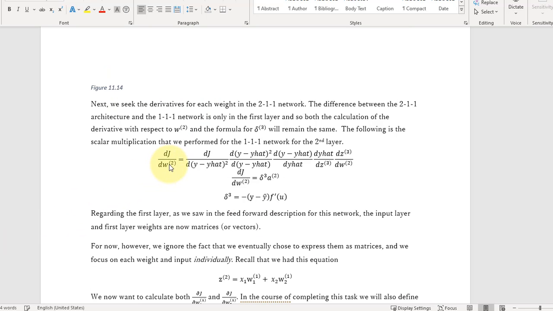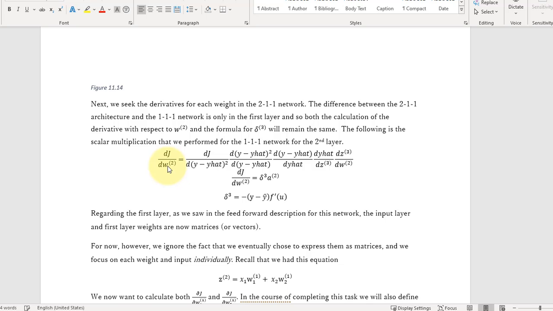It was just W2 here, and we're actually talking about W2 sub 1. I can just think of it as following the same path that this is.